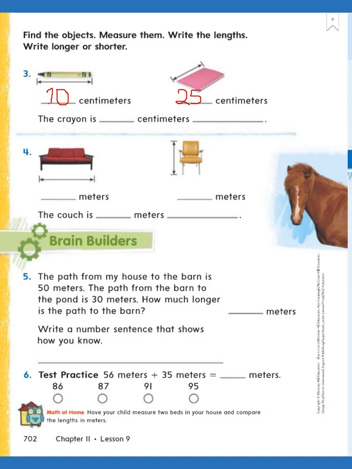And for number 4, let's say that the sofa is 3 meters long and that the chair is 1 meter tall. Okay? And I said sofa, it says couch here. It's the same thing. Okay? And then that's it. That's all you need to do. That'll be the end of the homework once you get to the bottom and complete number 6.